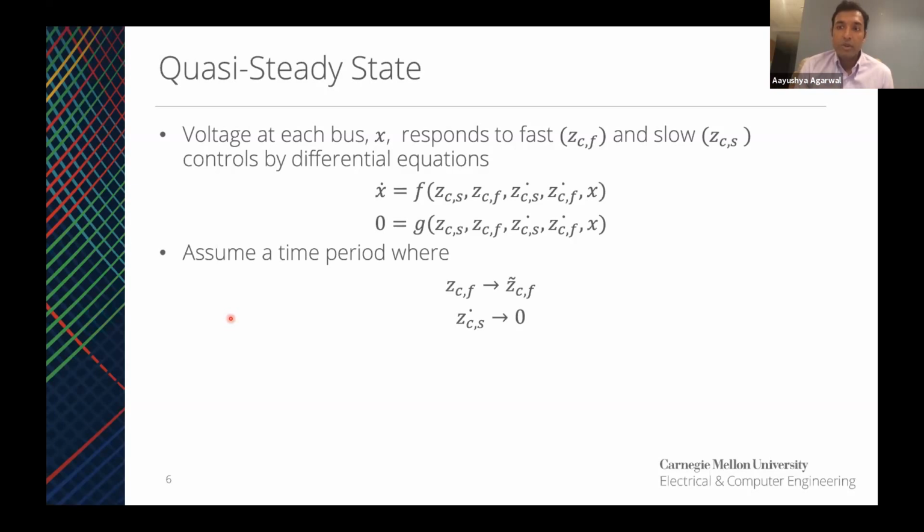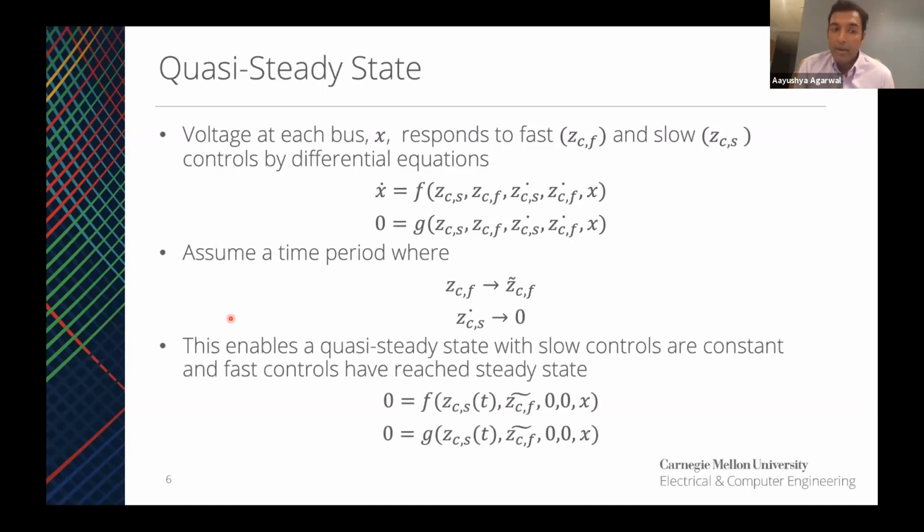If we can assume this sort of time period, then we can put this back within our quasi-steady state, and we can show that we're really solving a set of nonlinear problems in which we have this time slice in which all our fast control actions like AVR in the last figure have reached their steady state, whereas things like slow generator ramping up are stationary, so they're just at a certain time point. So now we have a set of nonlinear equations representing essentially our quasi-steady state. And the question is, how do we solve this?